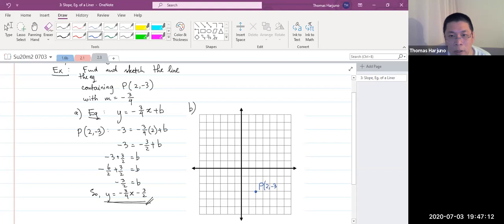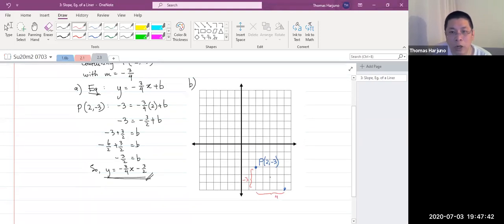2, -3. And then the slope is -3 over 4, which means the line has the tiltness, the steepness of -3 over 4. That's rise -3 over run 4. So the other coordinate on that line is this.